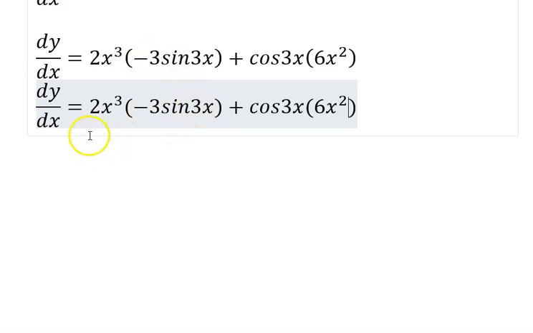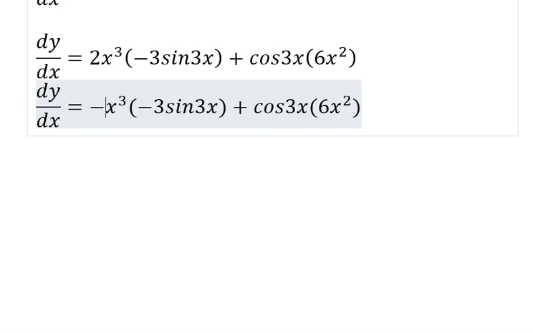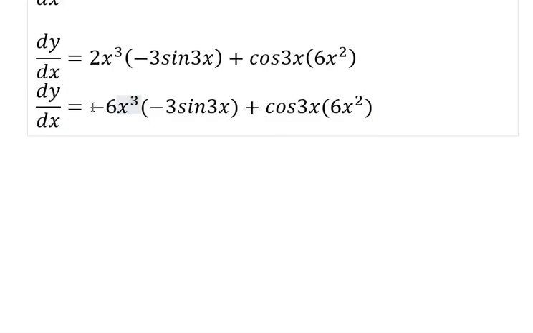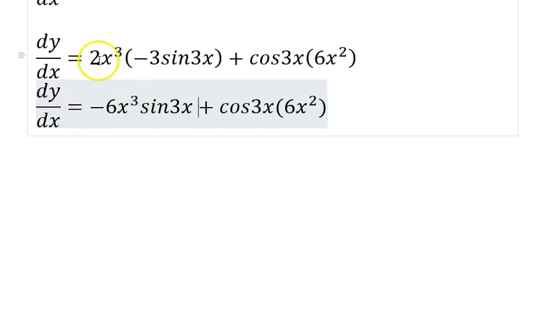It's as simple as that. Then we open up the bracket. Just say 2 times minus 3 will give us minus 6. This x cubed, then sine 3x.